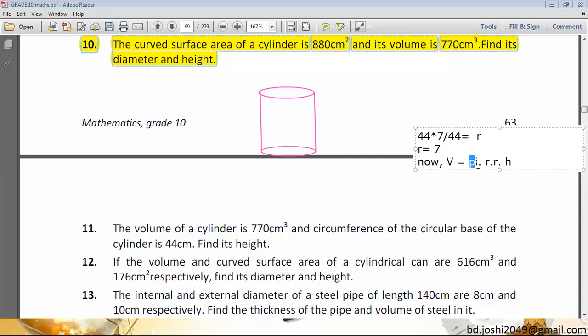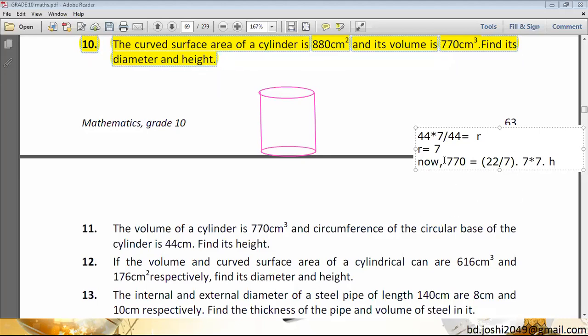Value of pi is again 22 by 7, and volume is also given to us, 770. I think I said we have to find out volume, but we have to find out the height. Volume is given. R we have calculated, r into r, 7 into 7, that will be 49, or 1 7 is cancelled from here. 22 into 7, 154.